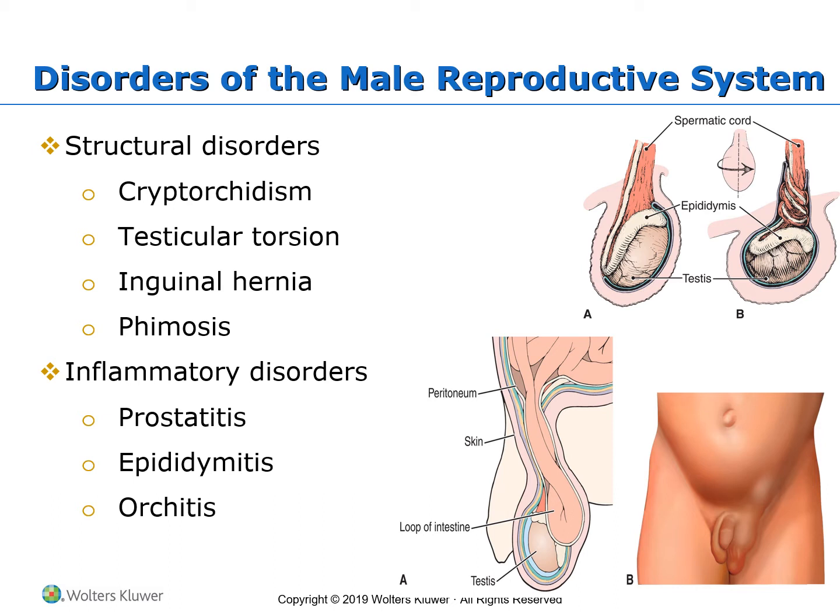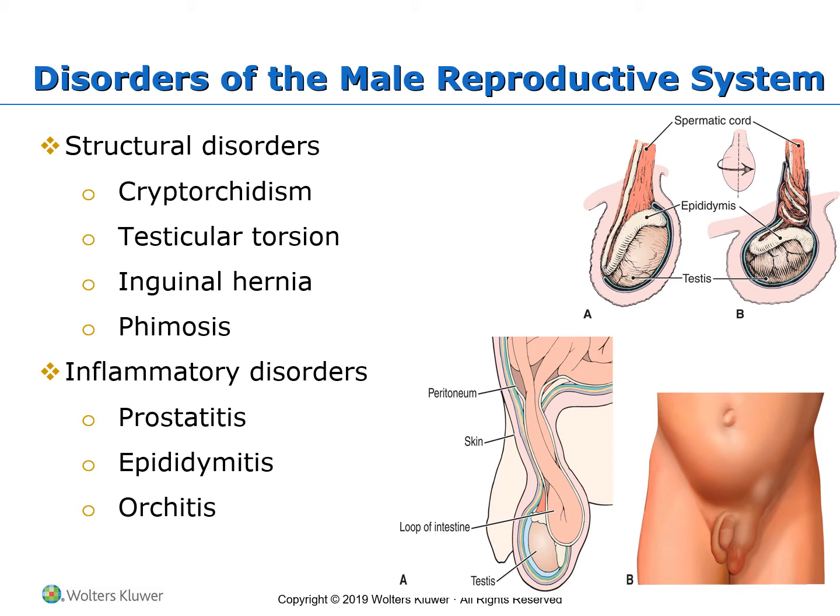The first condition that I'll describe is called cryptorchidism, and this is a failure of the testis to descend to be present in the scrotum at birth. Crypto means hidden. So the testicle can be anywhere on the pathway from the abdominal cavity through the inguinal canal to the entry into the scrotum.